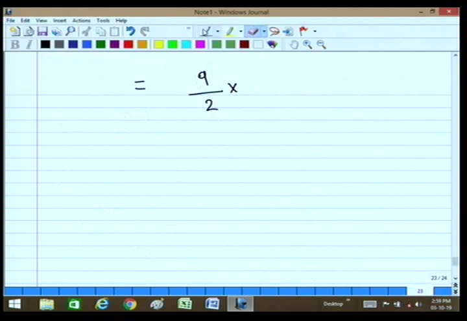Reverse these values. 3 upon 4, 2 is 27 by 8. So this is the ratio, R3 to R2. Any confusion or doubt? Can we move on?